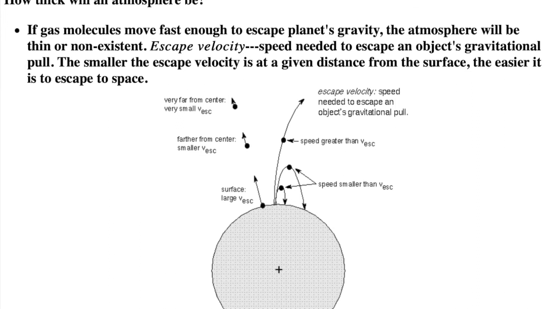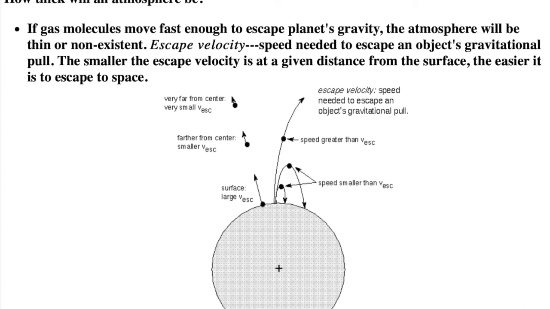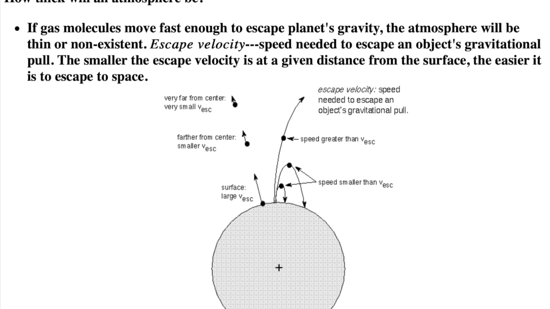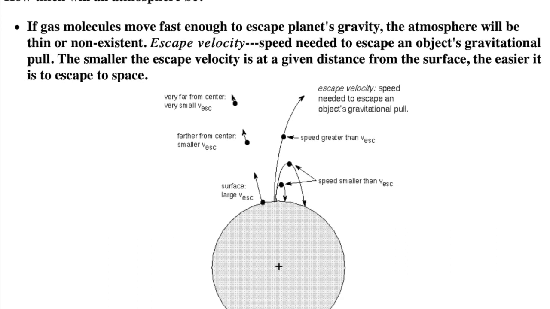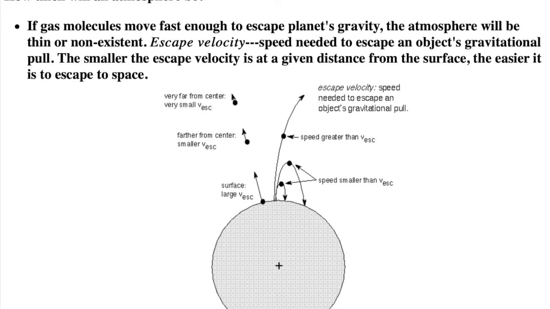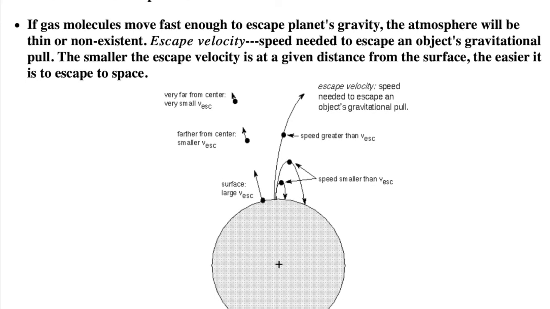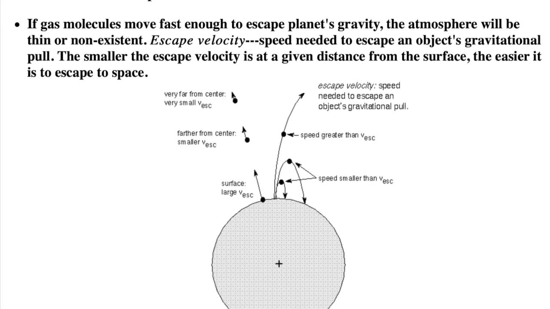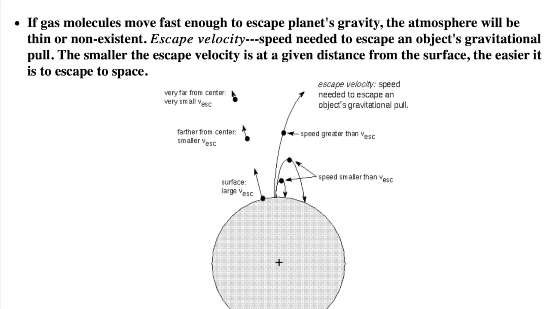If you throw something up at a faster speed, it will rise to a higher height before falling back. If you throw something up from the surface of Earth at 11 kilometers per second, it would finally stop rising only after being infinitely far from Earth. That's Earth's escape velocity. Of course, if you throw something up faster than the escape velocity, it never stops rising.